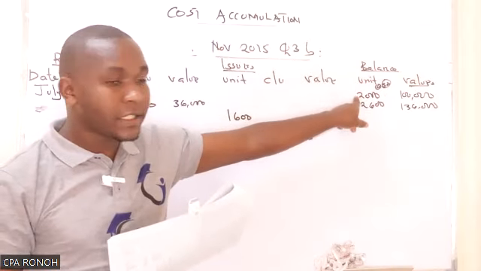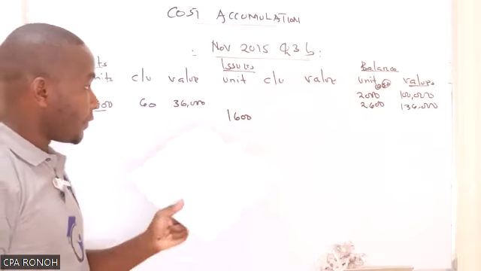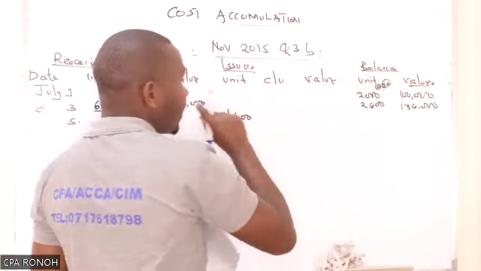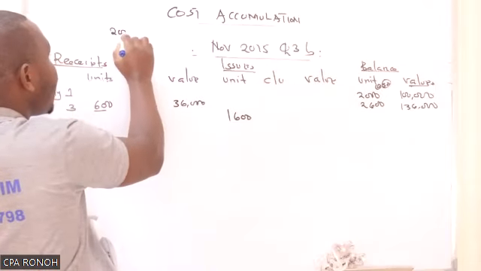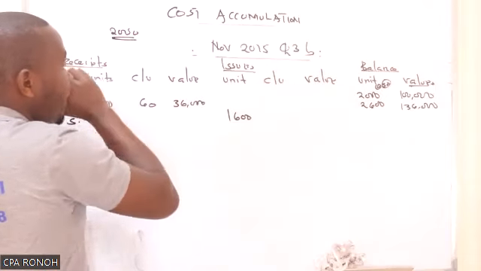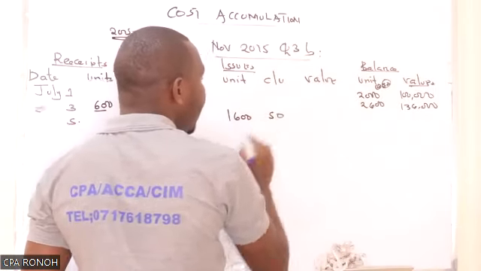So we will issue it with the associated cost per unit of that first lot. The unit cost is 50, so we issue at 50.